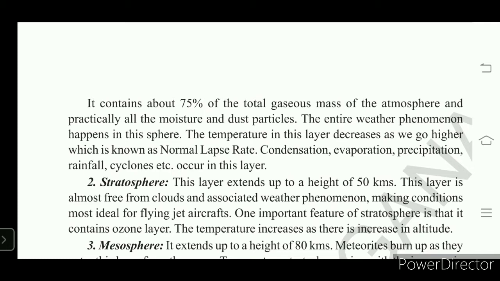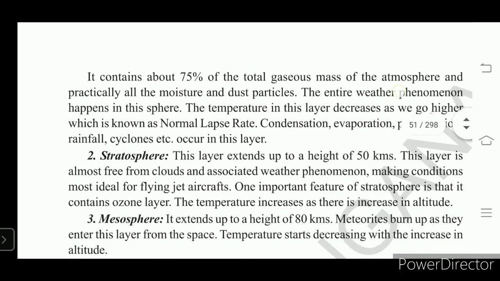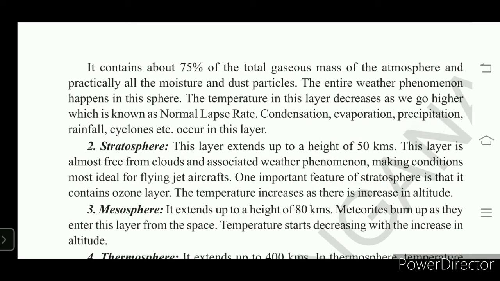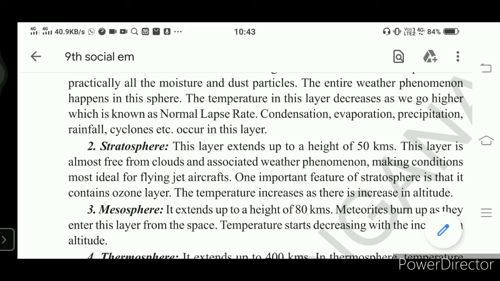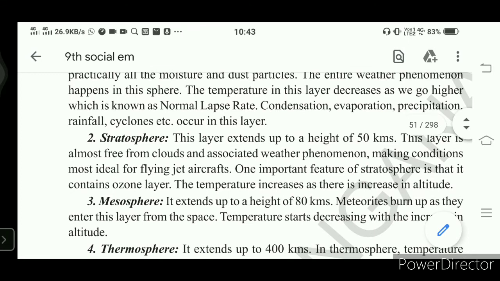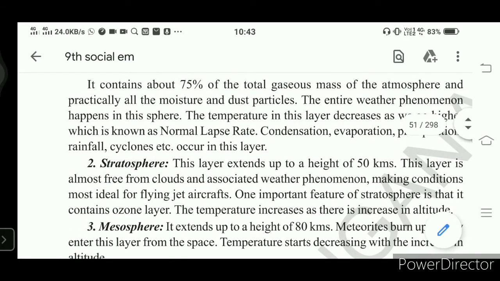Evaporation, that is water turning to water vapor. Precipitation, that is deposition of millions of tiny water droplets on the earth's surface in different forms. Rainfall, cyclones, all these changes we find in the troposphere only, right? So this is about the troposphere.